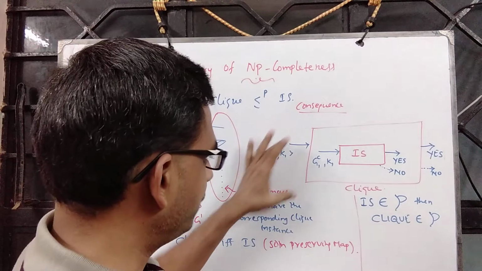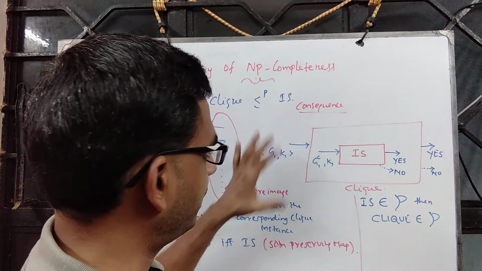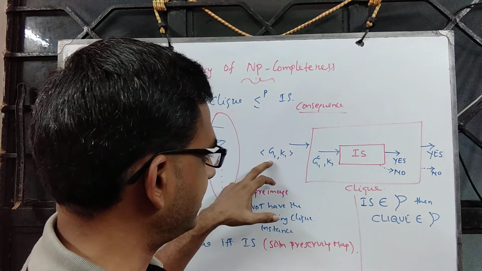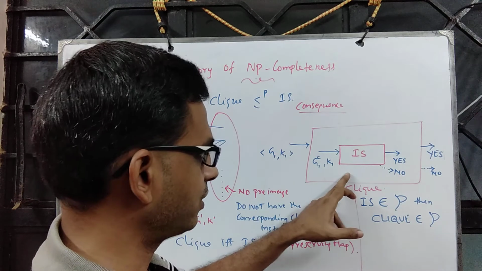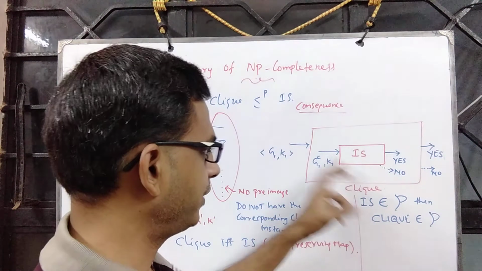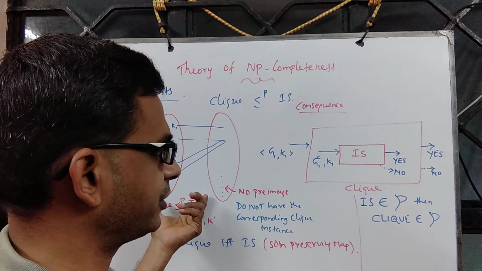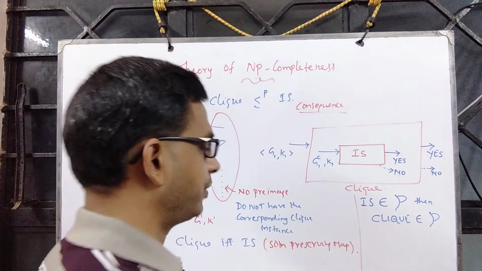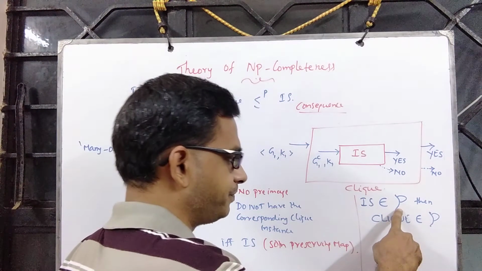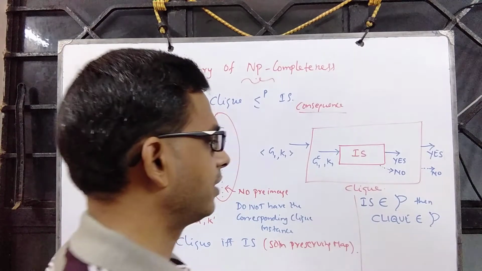So you use this black box or framework and convert an instance of the clique problem to an instance of the independent set problem. Here is the reduction that tells you how to do this. So if independent set belongs to P, then clique belongs to P.